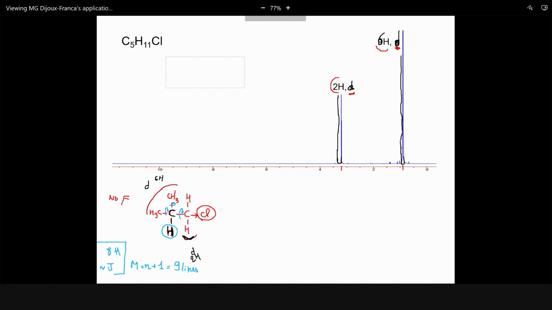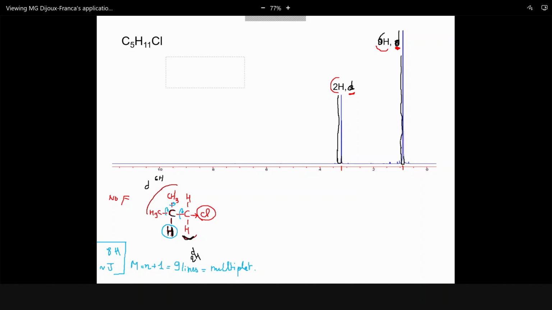So we will call that a multiplet because it's too complicated to identify properly the signal. Okay, for everyone?